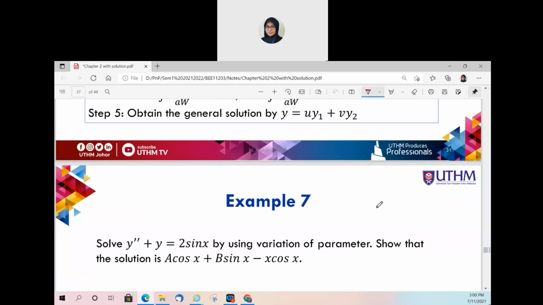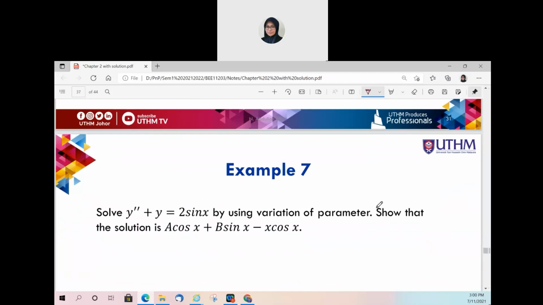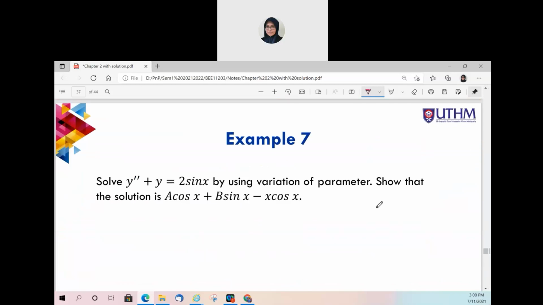Okay, so kita tengok example. Kalau tak tengok example, kita susah nak faham kan? Okay, so example 7. Solve y double prime plus y equals to 2 sin x using variation of parameter. And then you have to show that the solution is a cos x plus b sin x minus x cos x. Okay, so kita first step. Step pertama, you have to identify what is A and what is fx.